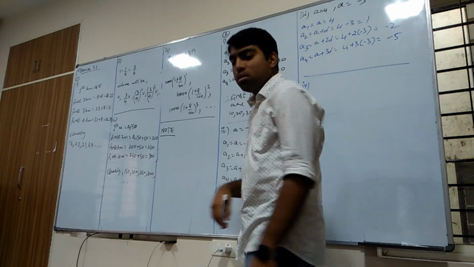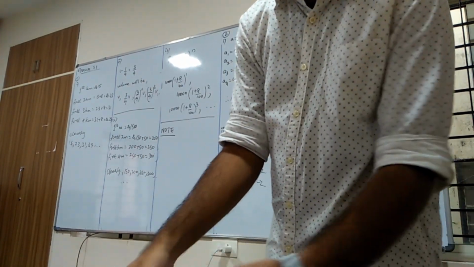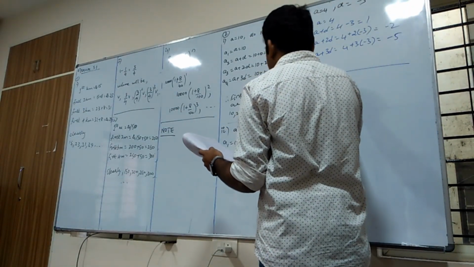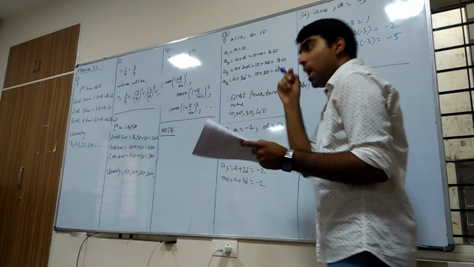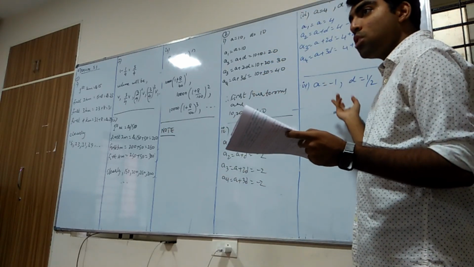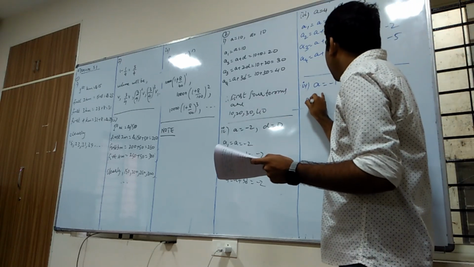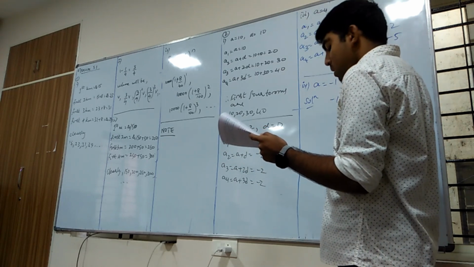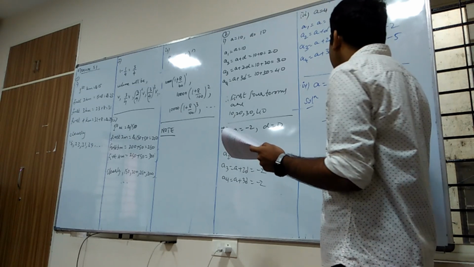Fourth subdivision: a is equal to minus 1, d is equal to half. I'll write the final statement. You people can solve this question at least, no? The terms are minus 1, minus 1 by 2, 0, 1 by 2.